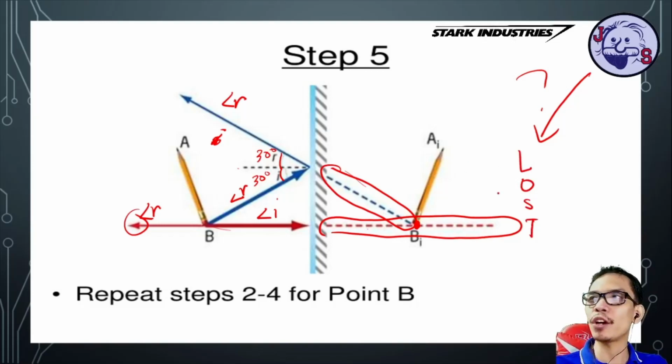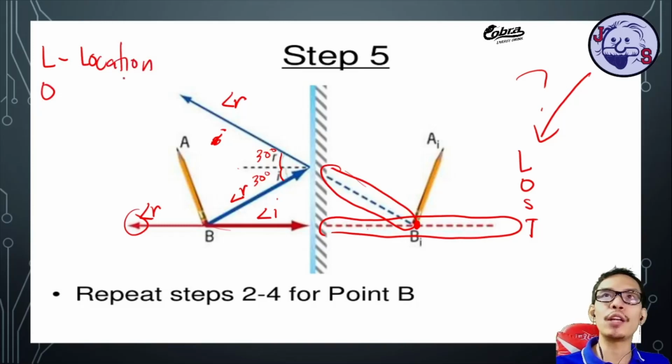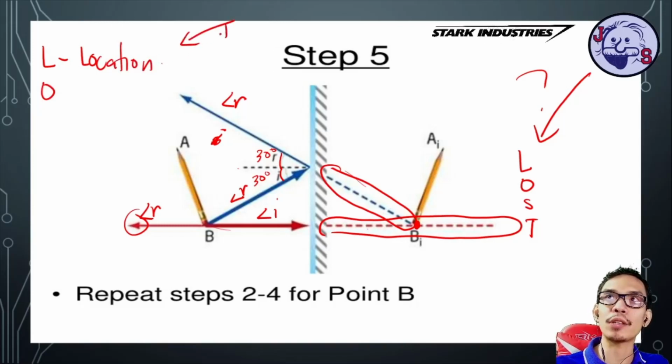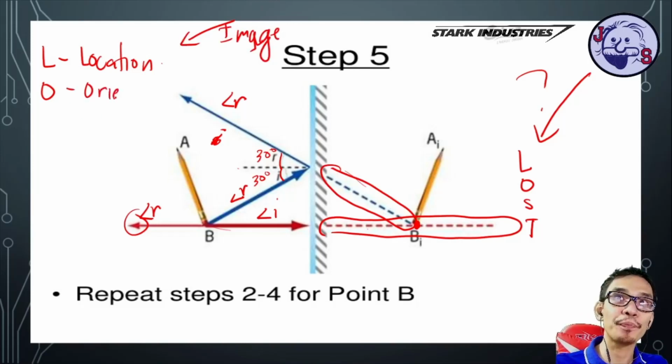What do we mean by LOST? I will just put it right here. L means location. LOST is talking about the image, so it means the location of the image. Then orientation.